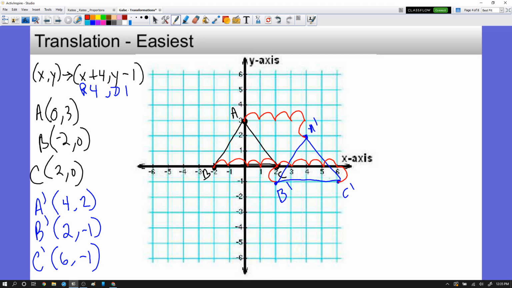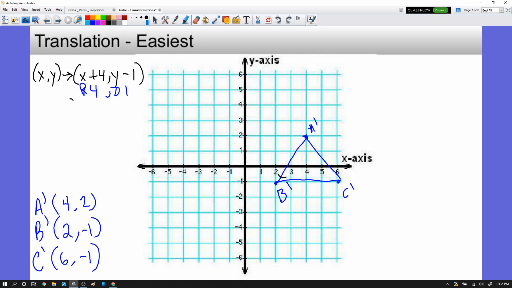Now let's go back and take a look at, well, what if I'm given this information? This is why I'm saying that naming the points is so important, because this tells me that a pre-image was already moved, and I'm looking at my image right here.